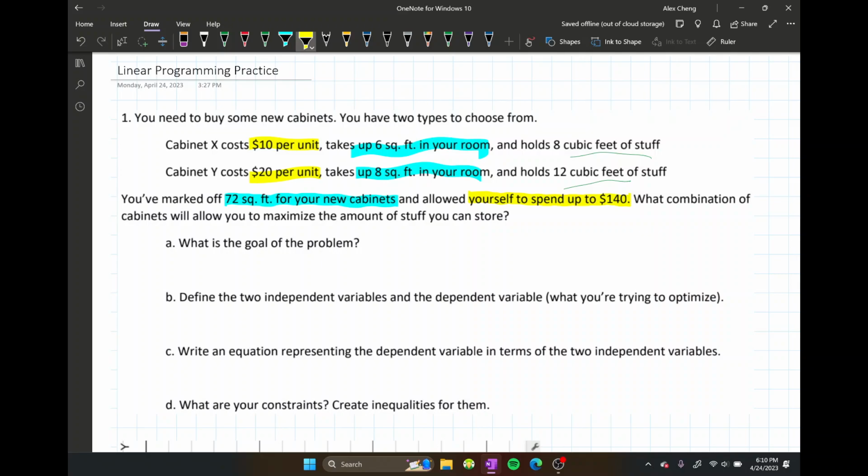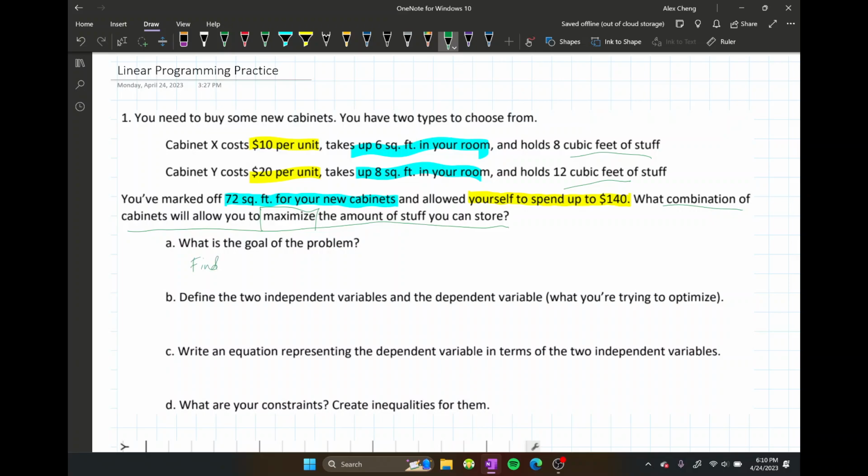Okay, so the question is, what is the best combination for us? And again, for us, the quote-unquote best combination is the combination of cabinets that maximizes the amount of stuff we can store, right? So we're going to make it as big as possible. Okay, so again, the goal of the problem is to, well, I underline it in green, right?